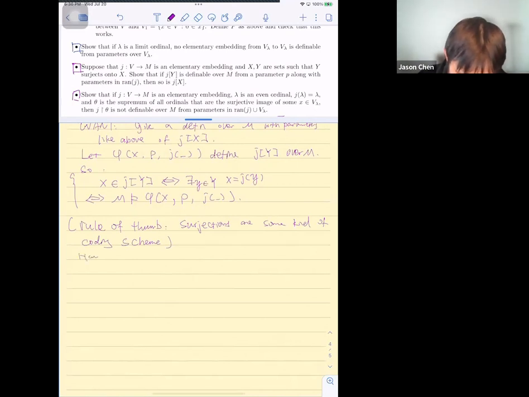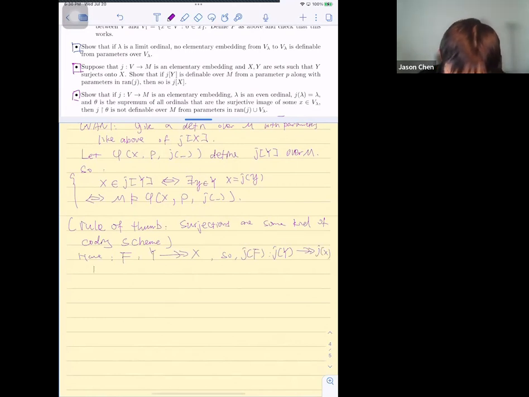Now we have f surjects y onto x. So j of f surjects j of y onto j of x.